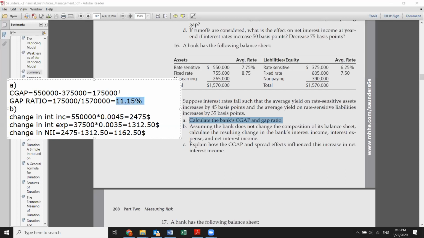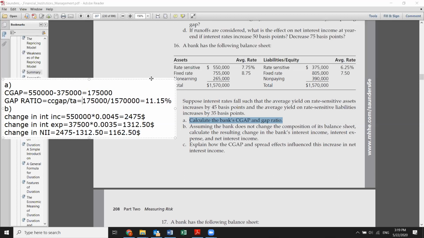No, I mean the division, 175,000 divided by 1 million. We are dividing by total assets, okay. It's just cumulative gap by total assets. Oh, understood. Okay.